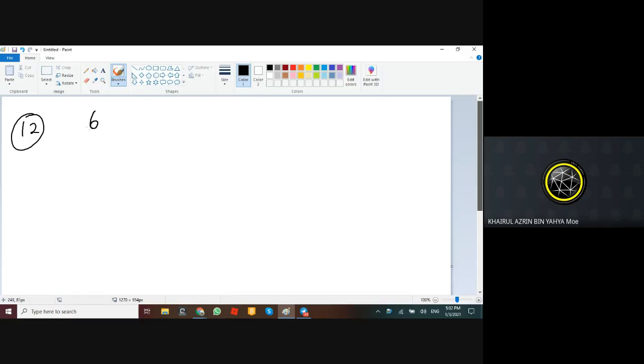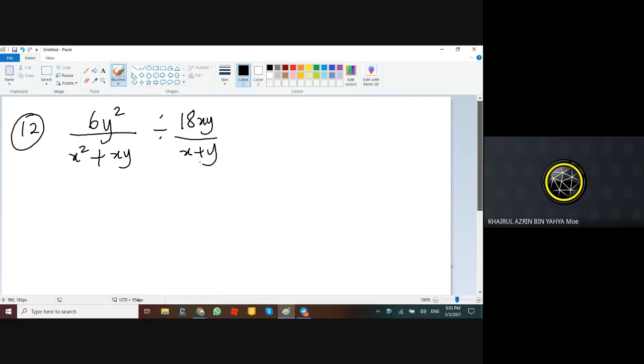Okay, question 12. 6y square over x square plus xy divide 18xy over x plus y.